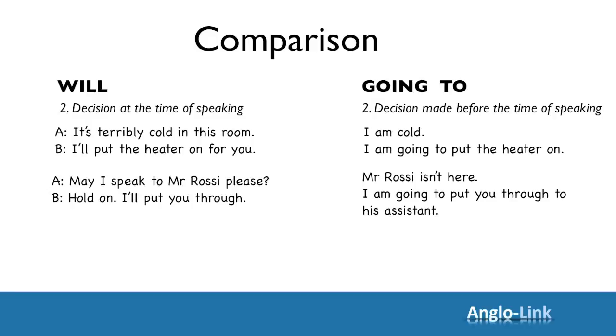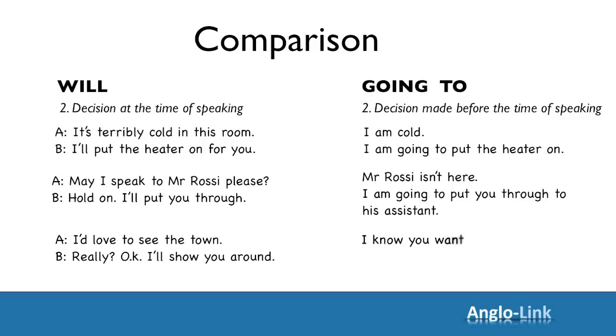And our final example was, someone said, "I'd love to see the town." You reacted in the dialogue by saying, "Really? Okay, I'll show you around." Whereas in the going to example, you already knew that they wanted to see the town, and you had decided to show them around.